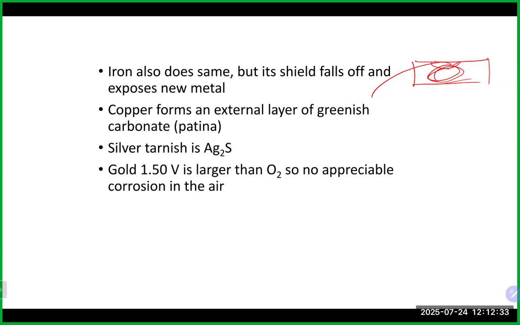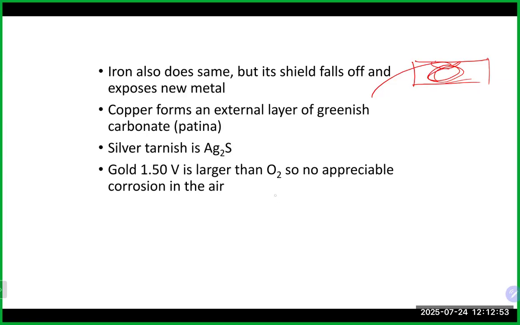Sometimes oxidation costs a lot of money, right? Copper that goes through oxidation makes that patina color that people like a lot. Silver can tarnish, which is silver sulfide. And gold, with an SRP value of 1.5, basically will not go through any corrosion in air or with oxygen.